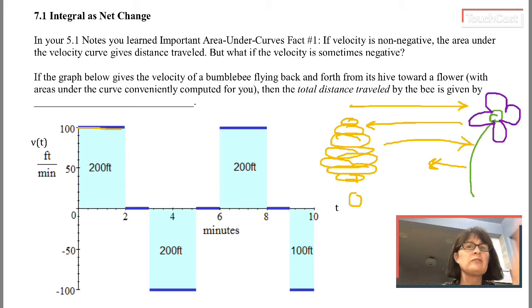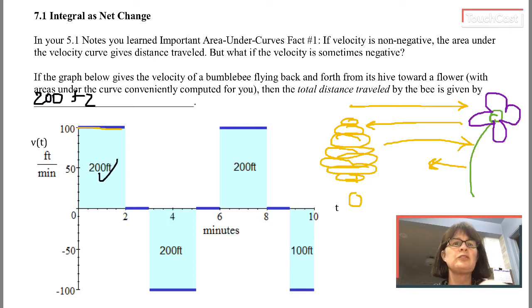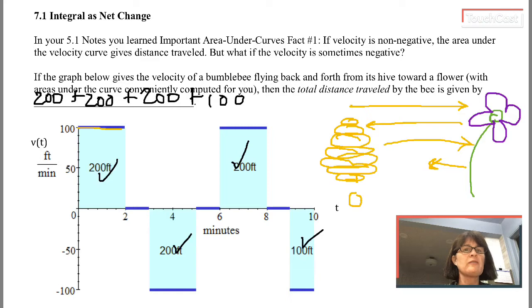So it's going to have traveled, I'll change color here, 200 feet, this 200 feet, plus another 200 feet back, plus another 200 feet toward the flower, plus another 100 feet halfway back to its hive. So 200 plus 200 plus 200 plus 100, we would say the total distance traveled is 700 feet.